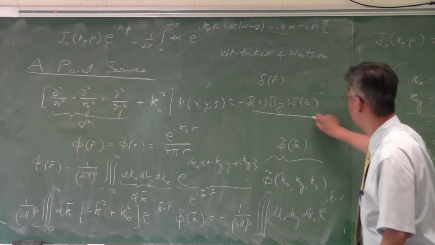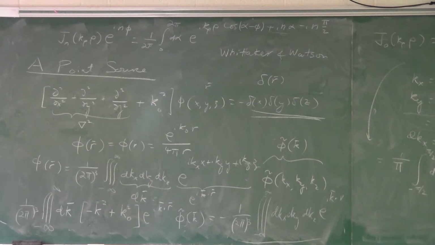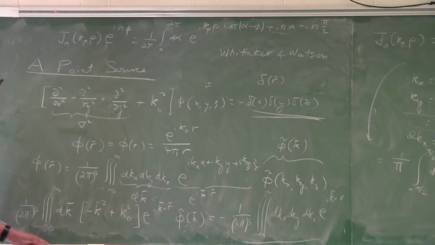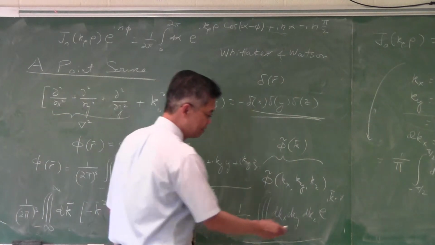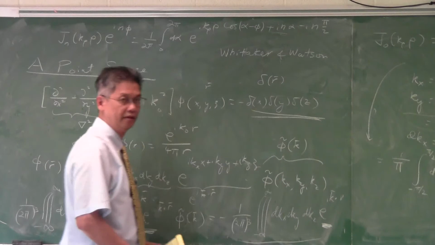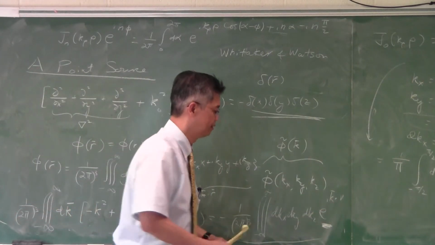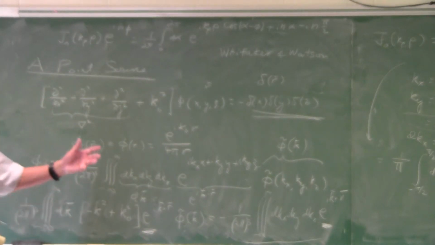That is the Fourier transform integral representation of the delta function. Again, if this thing is complete and orthogonal, and this is equated for all x, y, and z, I can now remove the integral and equate the integrand.